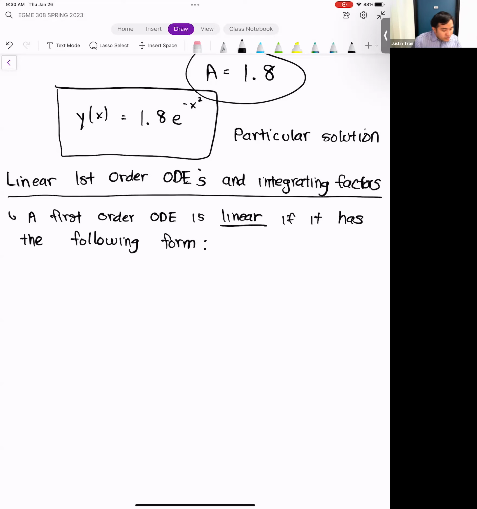All right, so a linear differential equation has the following form. First, we have our derivative term. So our derivative term is still dy dx.